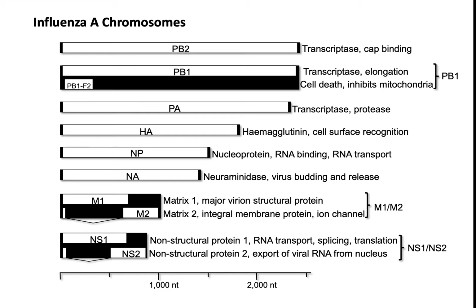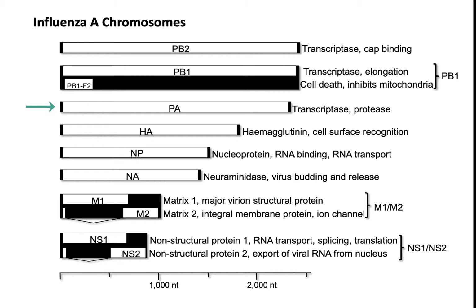Here are the genes on each of the 8 chromosomes. PB2 encodes for the transcriptase and cap binding of the mRNA. PB1 encodes for transcriptase, as well as PB1-F2 for cell death, and it inhibits mitochondria.